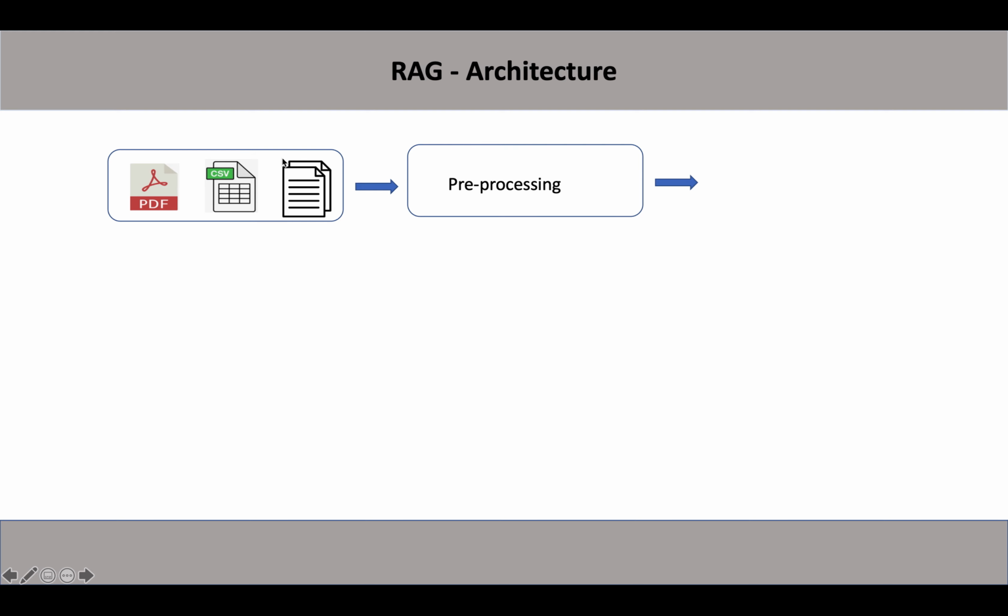The pre-processed data will be fed into the embedding model. When I say embedding model, it is a vector. It is a mathematical representation of a word in numbers. These are used to identify similarities between words or phrases.